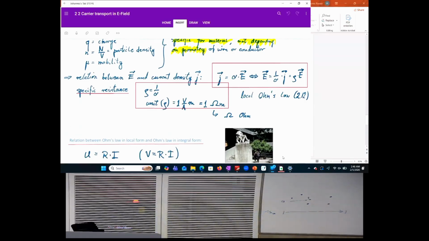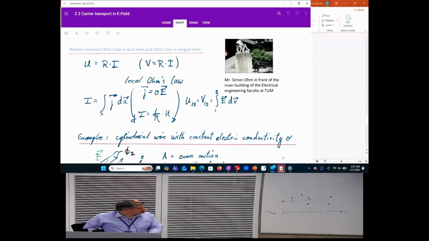We can also write the electric field in place over this conductor in relation to the current density. You just write 1 over sigma, and this inverse, 1 over sigma, you can also give as rho, which is a measure for the resistance. So this is the specific resistance.